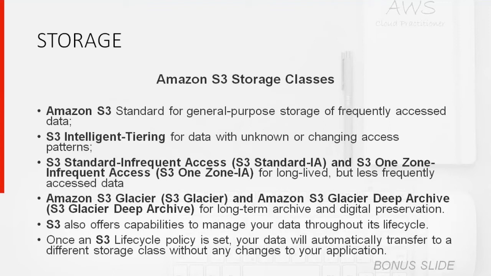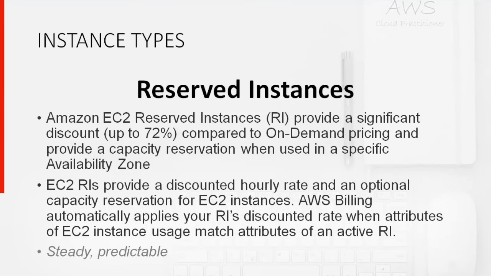Amazon S3 Glacier and Amazon S3 Glacier Deep Archive for long-term archive and digital preservation. S3 also offers capabilities to manage your data throughout its lifecycle. Once an S3 lifecycle policy is set, your data will automatically transfer to a different storage class without any changes to your application.